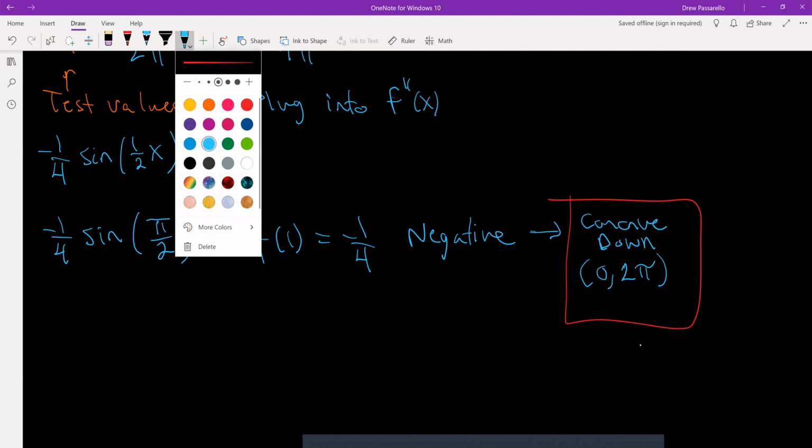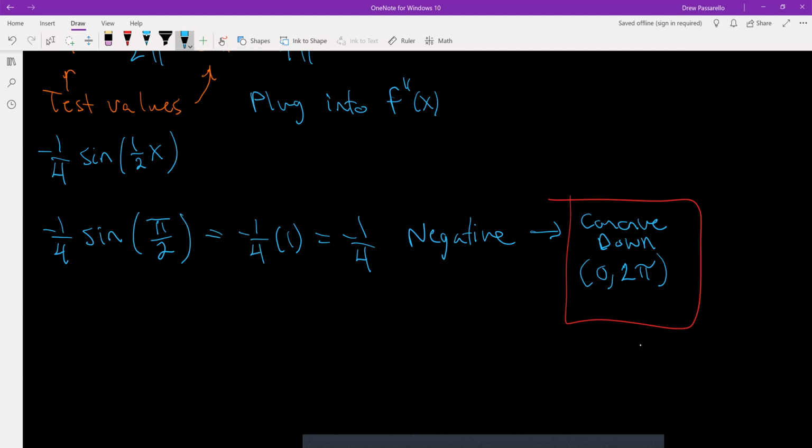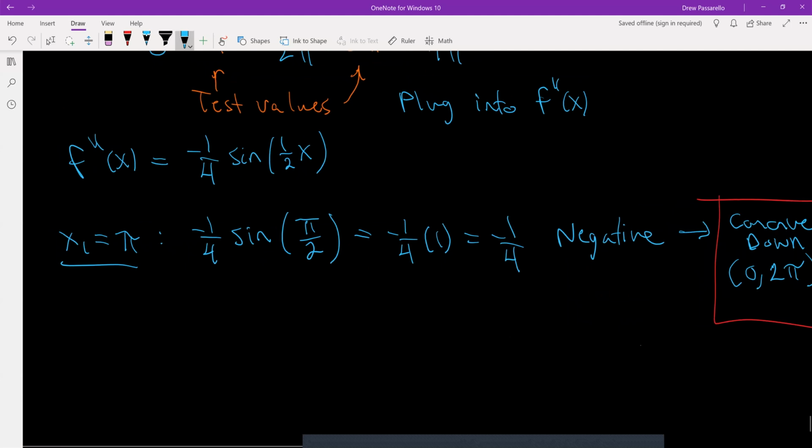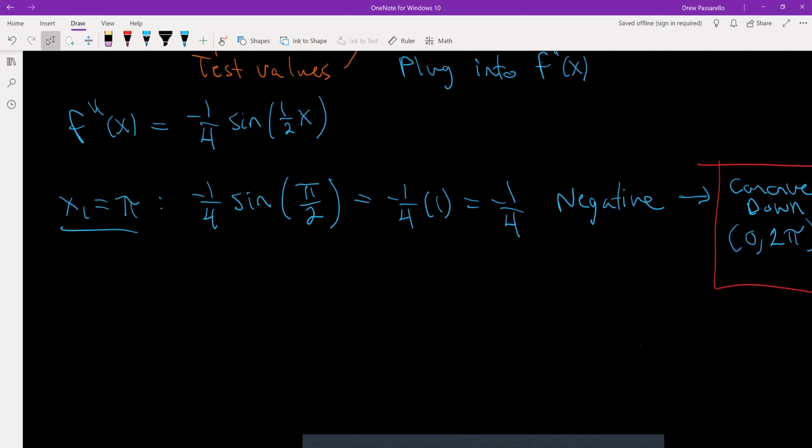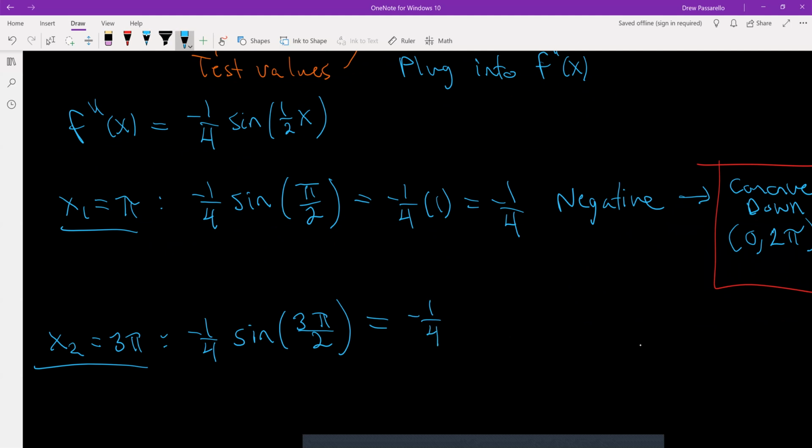And hopefully for this second interval, it'll be concave up, so that way it switches concavity. So the second value we picked was 3 pi. That's going to be negative 1/4 sine of 3 pi over 2. Well, sine of 3 pi over 2 is negative 1, so this is negative 1/4 times negative 1.